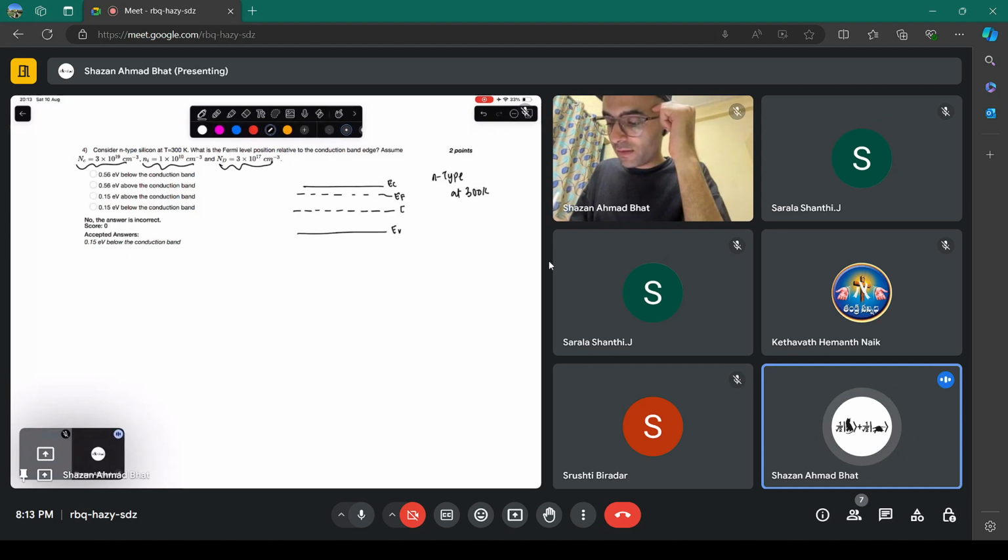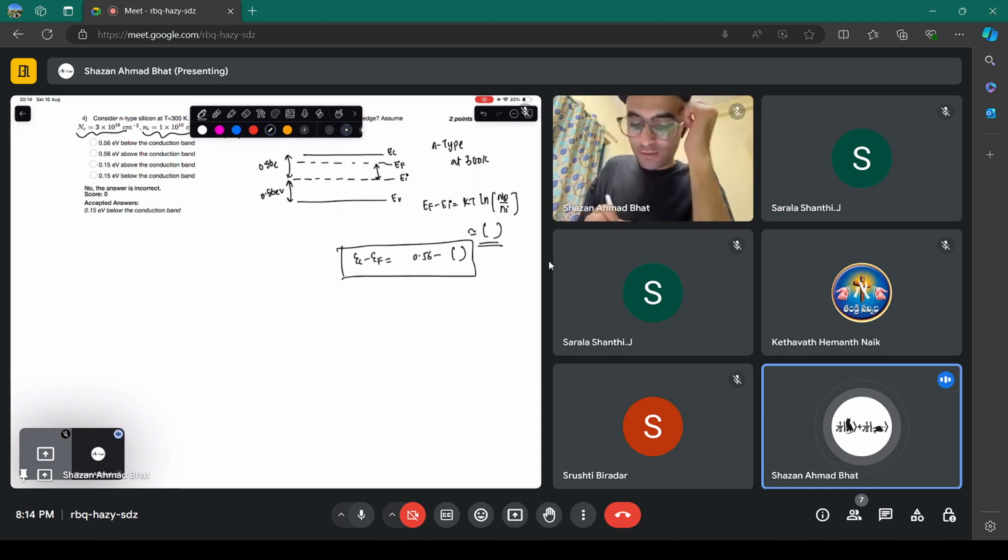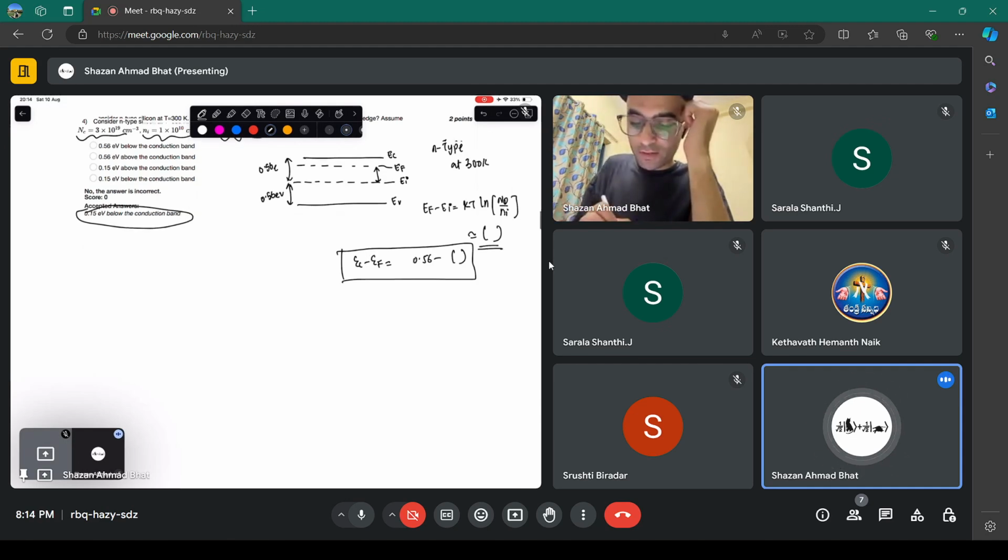So this is the intrinsic level, and this is the separation between these two particular levels. If you compute EF minus EI, you have something like kT ln of ND divided by NI. You compute this thing, you get some value, and because you know that this particular thing is 0.56 electron volt, whatever you get here, you subtract that from 0.56, and you get the difference, which is EC minus EF, and you will get 0.15 electron volt below the conduction band.